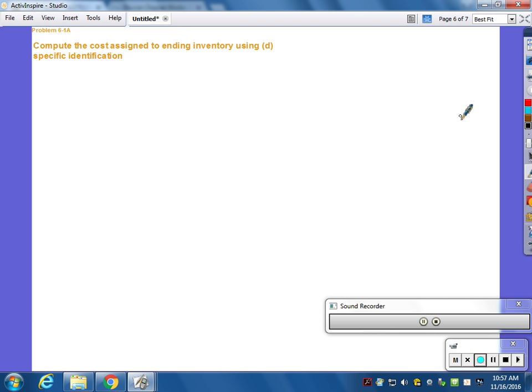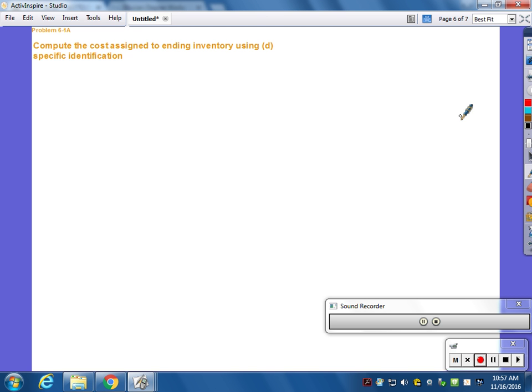They told you they had ending units of 80 units from beginning inventory. 340 units from where? March 5th. 40 units from where? What date? March 18th.